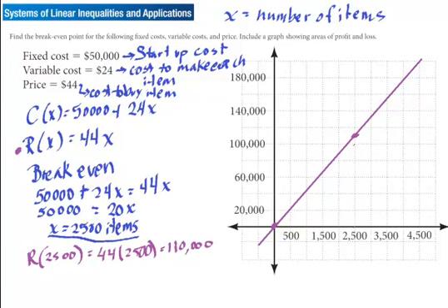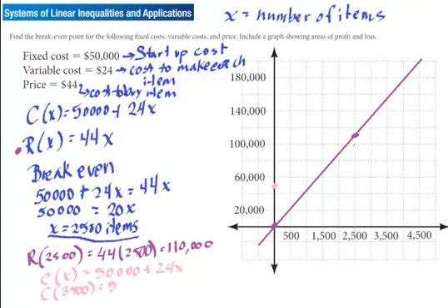Now let me do my cost. My cost equation looks like this: 50,000 plus 24x. Let's try to find a couple of points. If x is 0, y is 50,000, so there's 40, so that would be 50. That's an easy point. Let's do 3,500. What is the cost at 3,500?